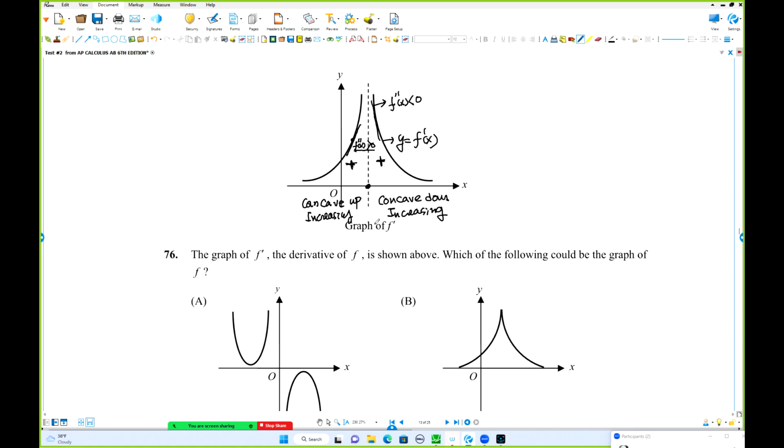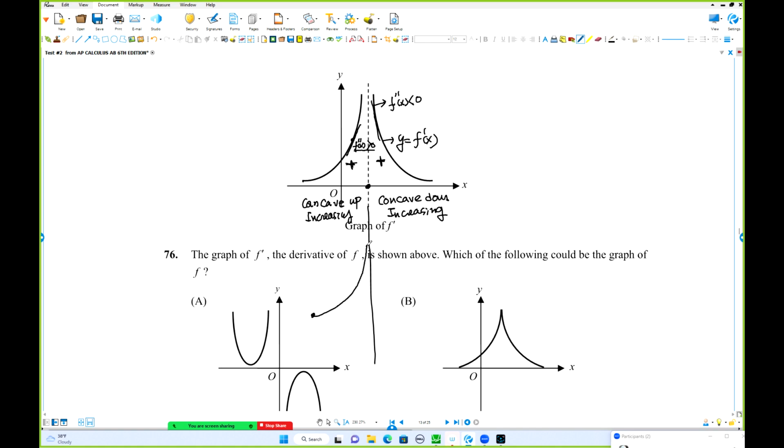So we're going to make it over here on the same page. From negative infinity over here, you can choose any point, because the initial point is not given. That is increasing, concave up increasing, this way, right?